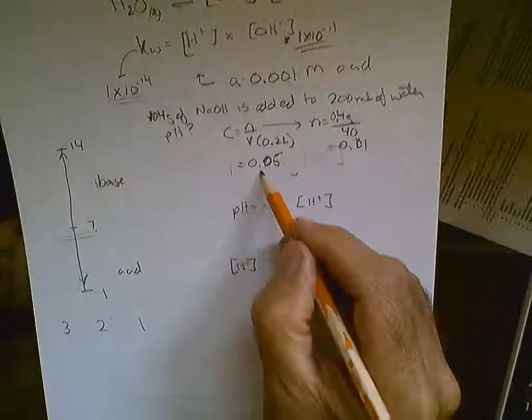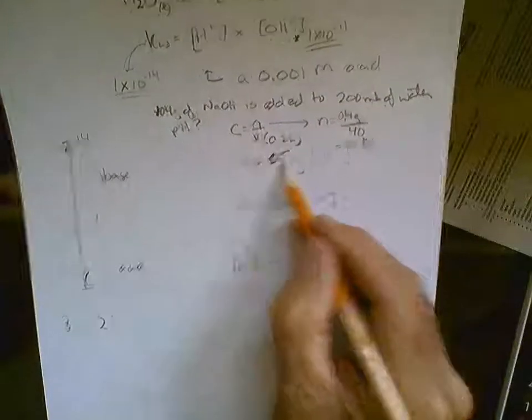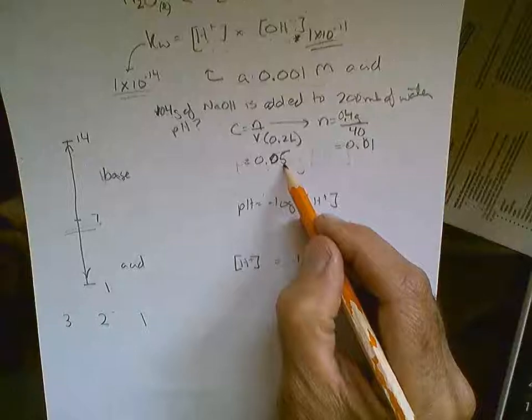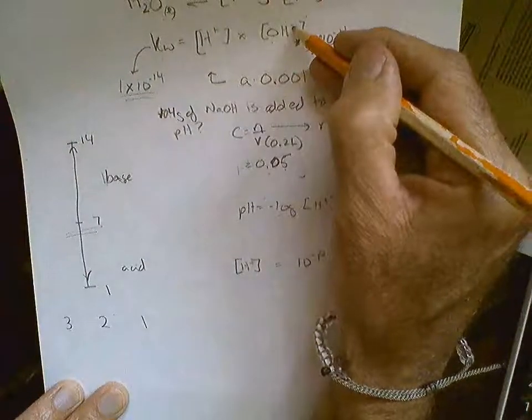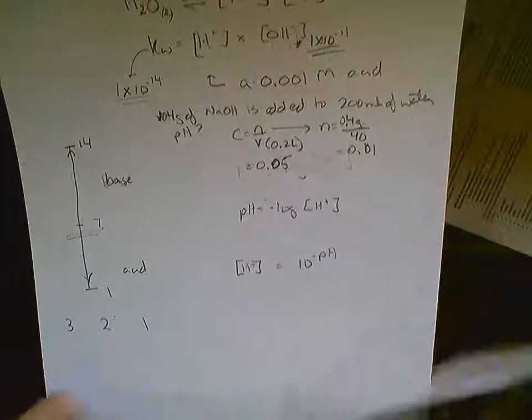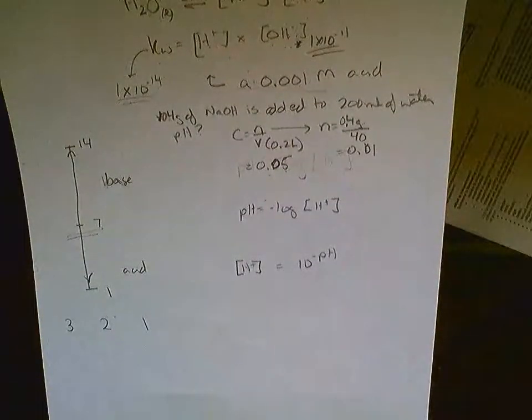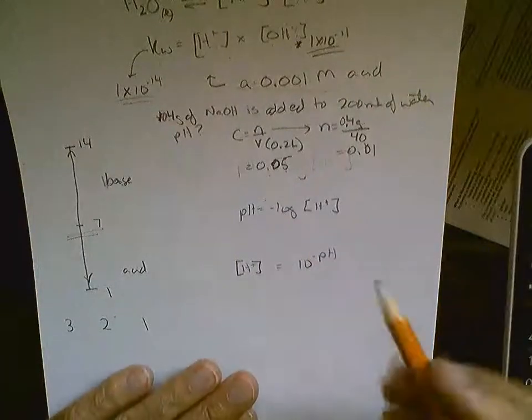So my concentration right now of my base is 0.05. So if my base is 0.05, what is my acid or my H plus? I take 1 times 10 to the negative 14, I divide it by 0.05, and I get 2 times 10 to the negative 13.